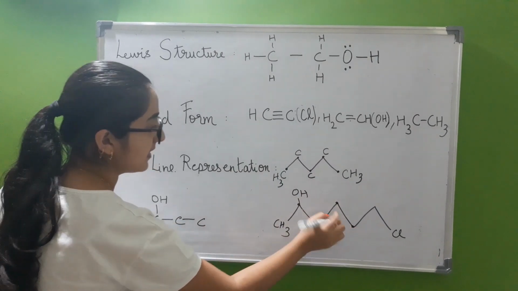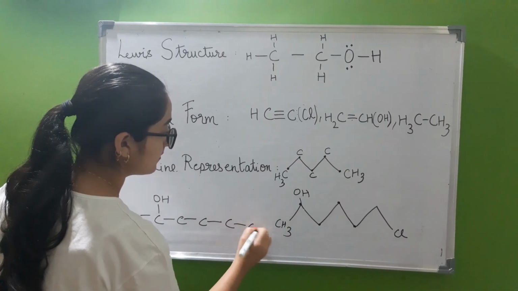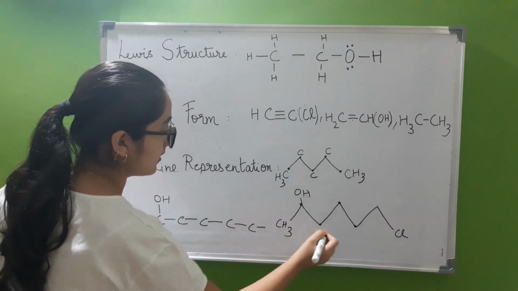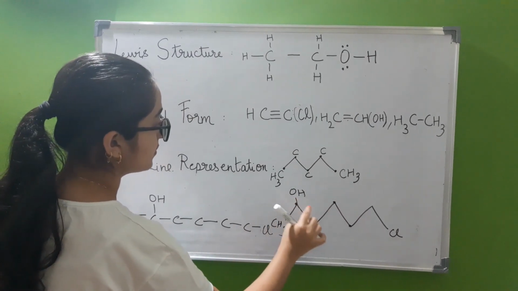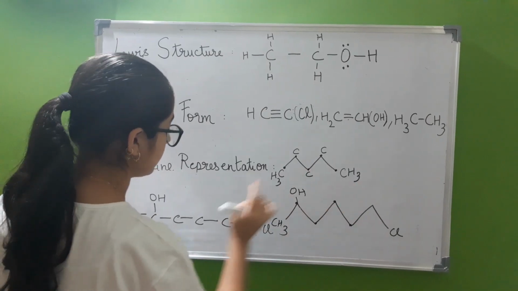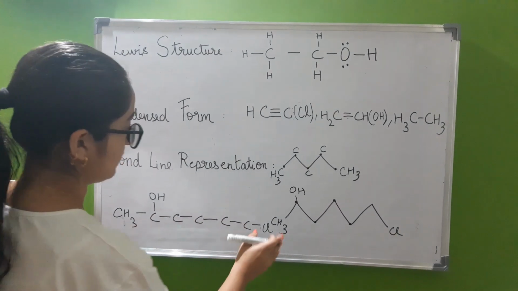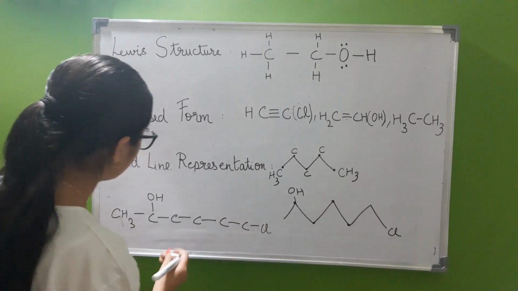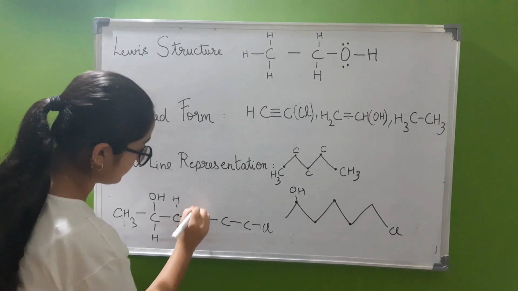Again going down, it's representing the bond here. Again going down, the bond. And then the chlorine. So it's 1, 2, 3, 4, 5, 6. So we are also correct. Now we can fill the rest with the hydrogen bonds.